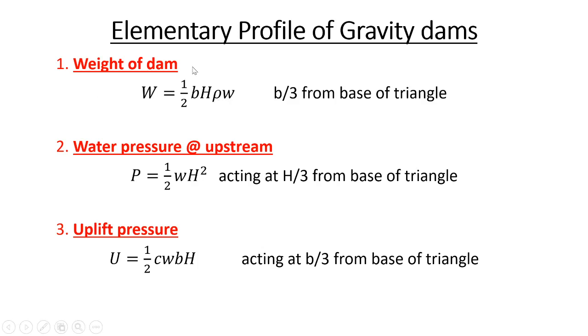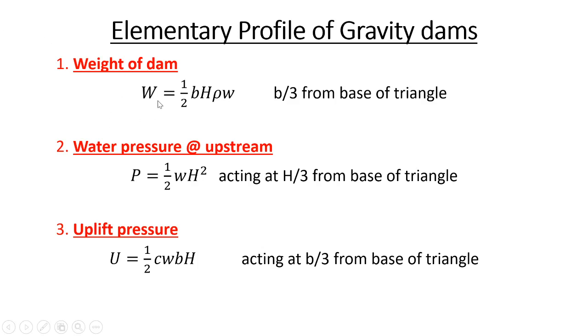Very important point, you have to consider two important notations here, where small w is the unit weight of water and rho is the specific gravity of the material. Material means the material using which the dam is constructed.